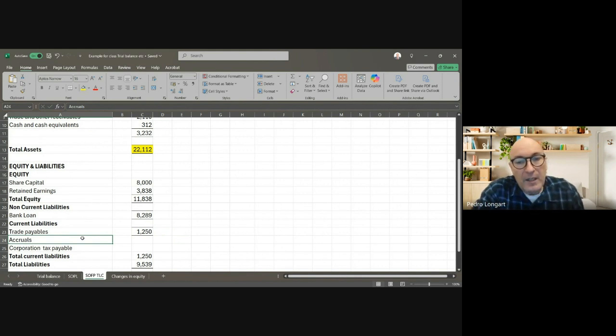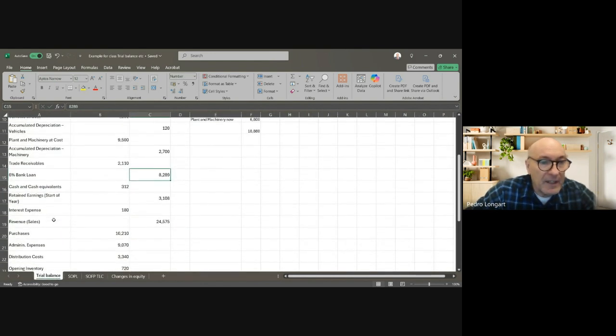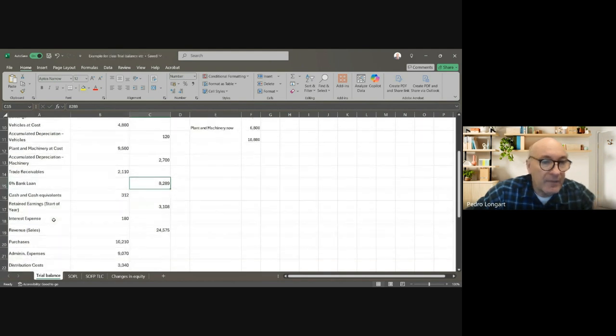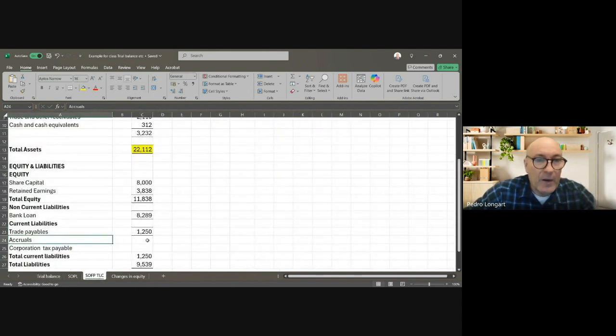So it is something that we need to pay, but we have paid some of the money, right? So these accruals are money that we need to pay. And we just simply look at the trial balance at accruals. So it's still money that we haven't paid here, and it's 100, which is actually 100,000. Let's actually put the 100 here.